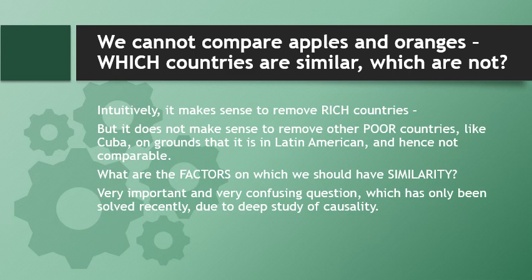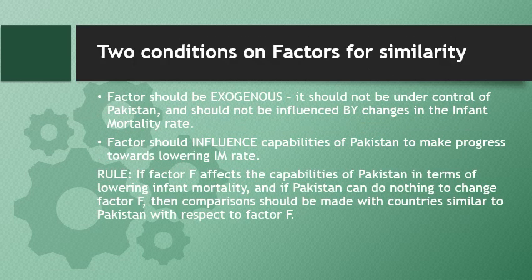This is a very important question, and the discussion on this has been extremely confusing, and it has only recently been clarified and understood due to developments in the study of causality.